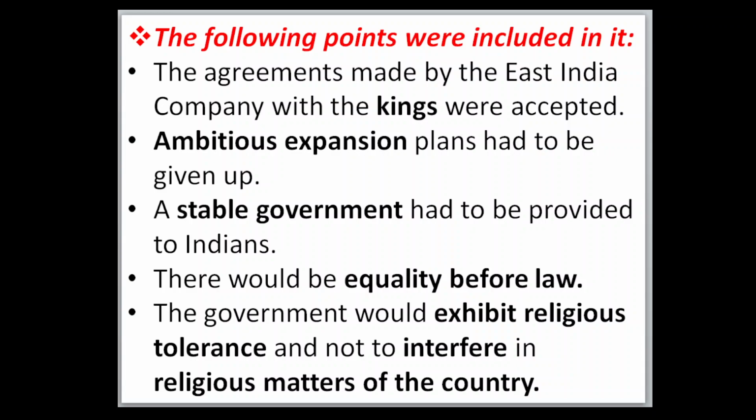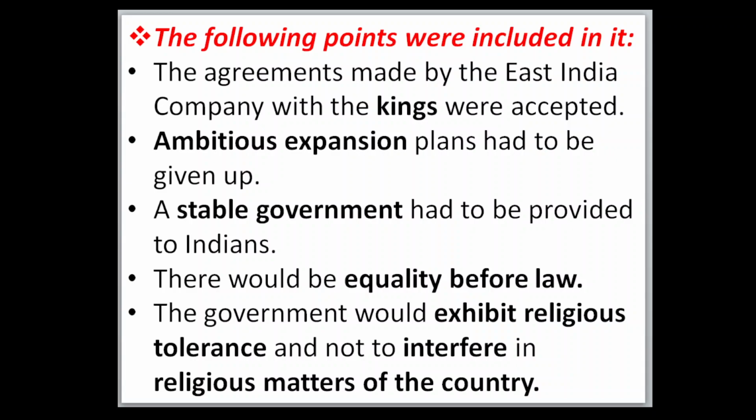The agreements made by the East India Company with the kings were accepted. Whatever agreements the Indian kings made with the East India Company were accepted by the British Queen. Ambitious expansion plans had to be given up.